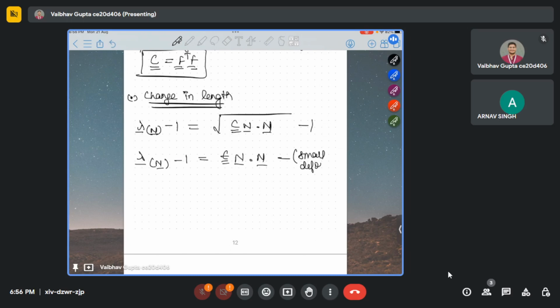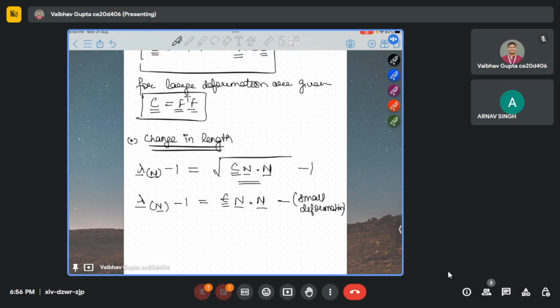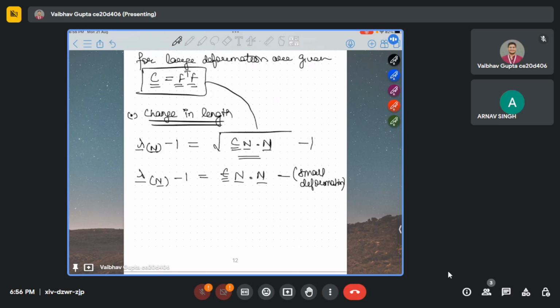Now you know why I am writing small, because if deformation is not small, you cannot use this epsilon. You have to go by this method, C n dotted with n, where C is calculated with the help of this thing. I am saying my deformation is small, so you can use this.